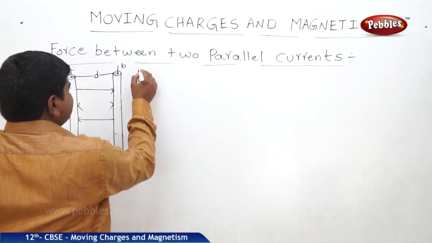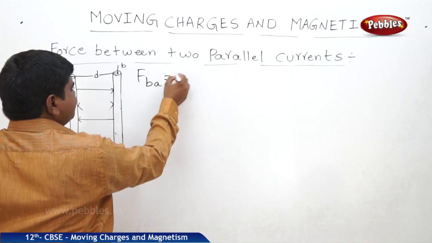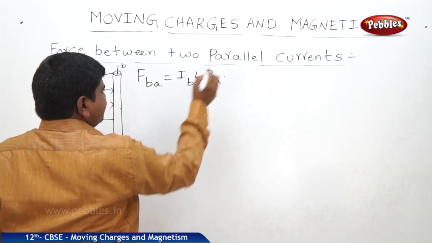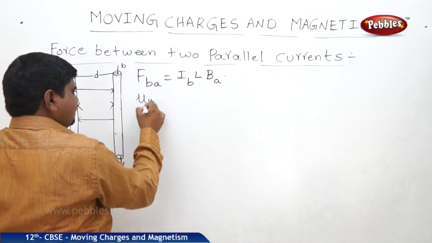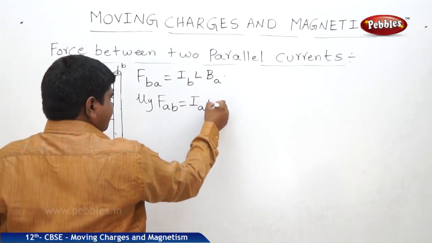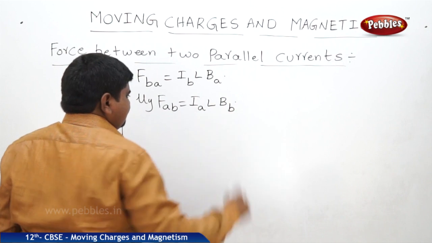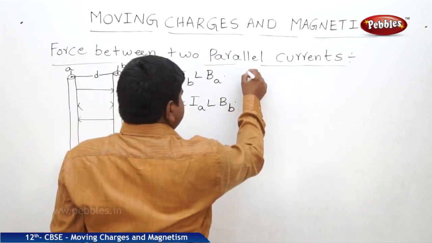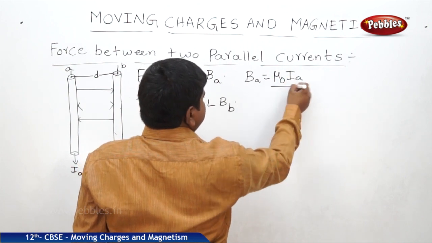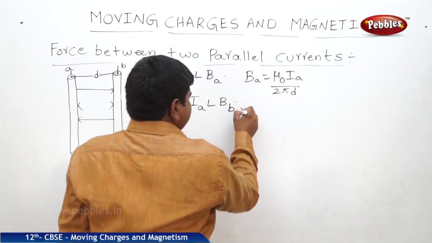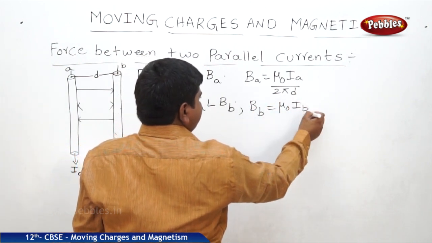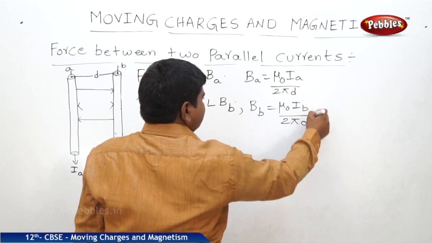So we can write FBA is equal to IB L BA. Similarly, we can write FAB is equal to IA L BB. So we know that BA is equal to mu naught IA by 2 pi d. And same like BB is equal to mu naught IB by 2 pi d.